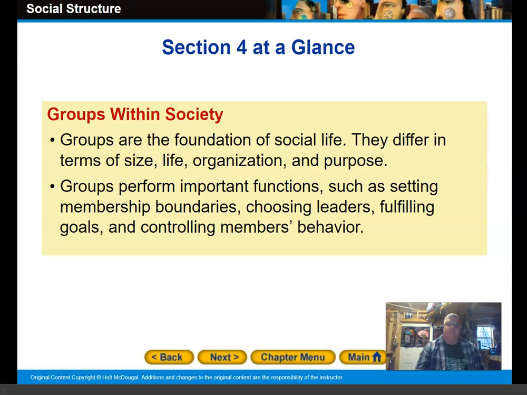Section 4, groups within society. Groups are the foundation of social life. They differ in terms of size, organization, and purpose. Groups perform important functions such as setting membership boundaries, choosing leaders, fulfilling goals, and controlling members' behavior.